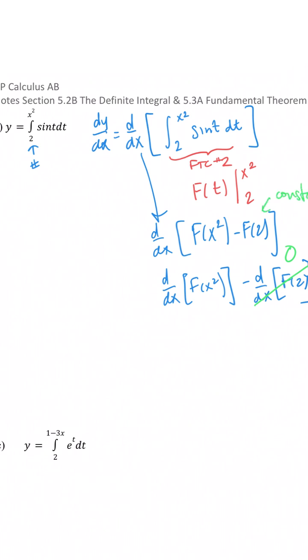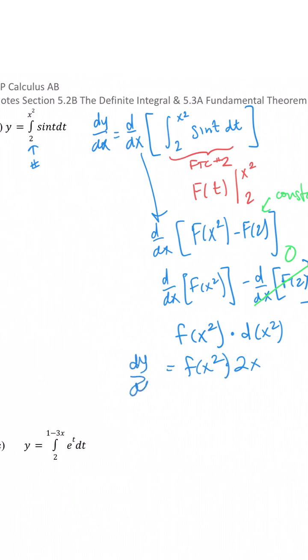And now I want to take the derivative of the antiderivative. So the derivative of F is going to be f of x squared, and the derivative of x squared, because of the chain rule, is 2x. So this is f(x squared) times 2x. This is dy/dx.